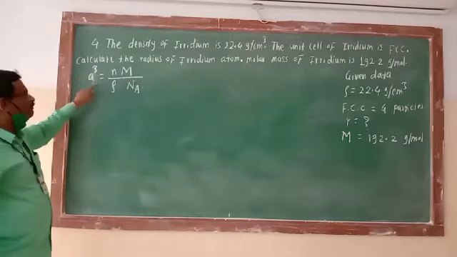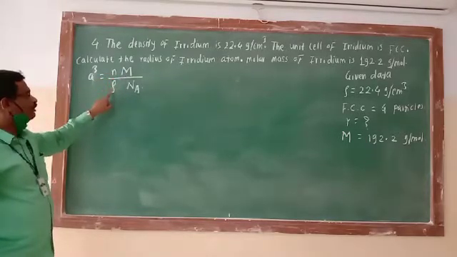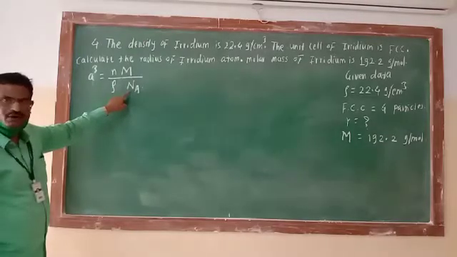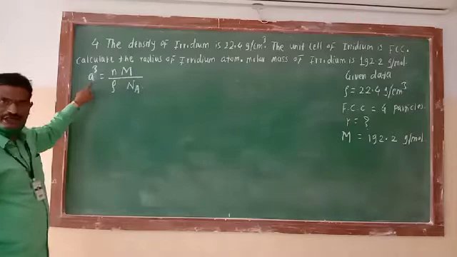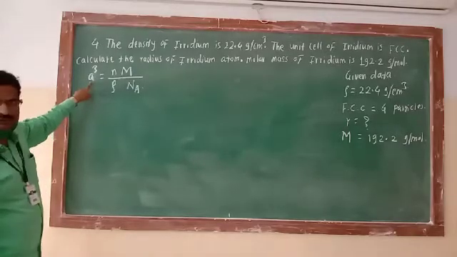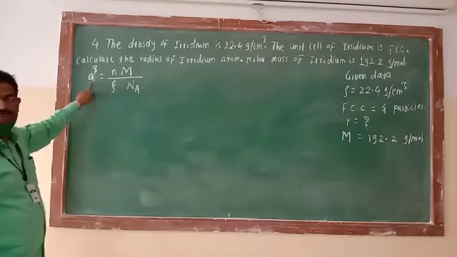a cube is nothing but volume, N is the number of particles, M is the molar mass, rho is density, and Na is Avogadro's number. So from this we can calculate the volume a cube, and from a cube we can calculate the value of a, that is, a's length.